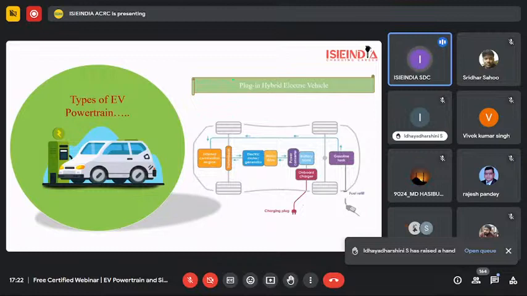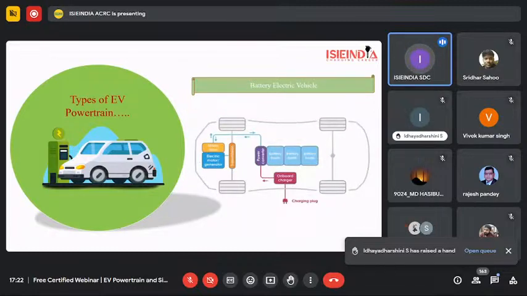So this is the plug-in hybrid electric vehicle. Then we will talk about battery electric vehicles. So a simple onboard charger and the battery tank. Like in the previous architectures, the battery bank was not too big because IC engines were also fitted in the vehicles.